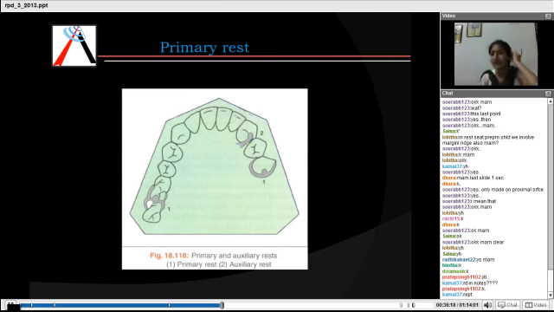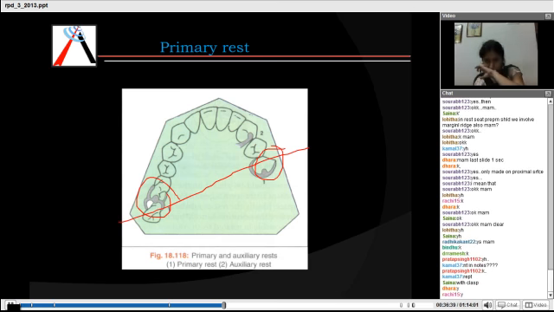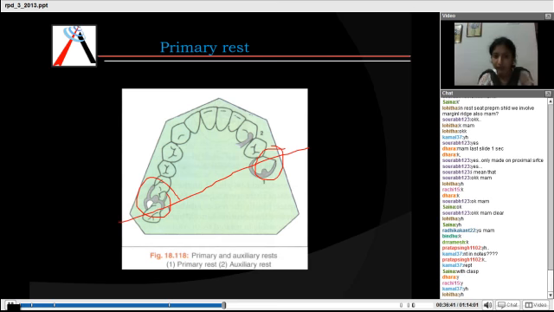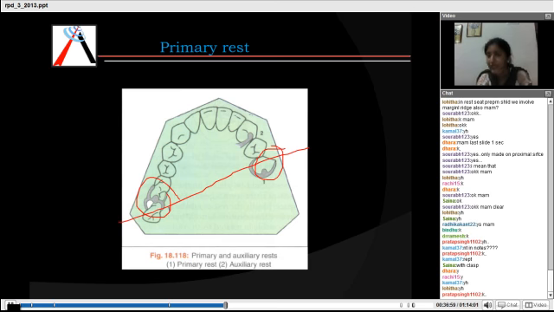Primary rest is something which is given on your posterior most tooth, and they go along with the clasp assembly. This is your fulcrum line. All of you know what a fulcrum line is? Okay. So when your rest is along with your clasp assembly at the posterior most tooth, they are your primary rests. They primarily provide whatever is the purpose of the rest. But this will cause rotation of the denture. So you need an extra rest.